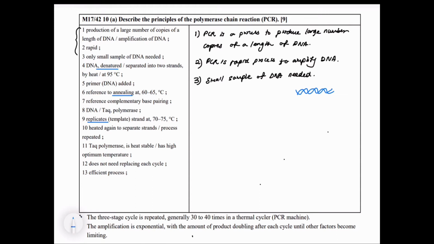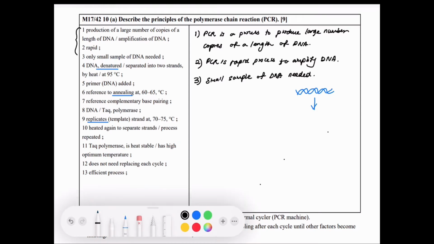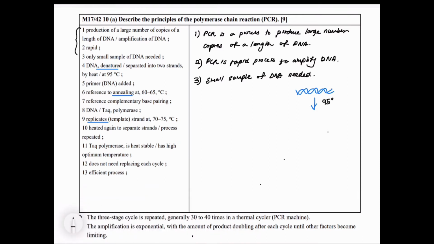But in this PCR process, which is carried out in a thermal cycler, which is a machine, the machine will be heated up to 95 degrees Celsius. And this is high enough a temperature to denature the DNA, where hydrogen bonds will be broken.